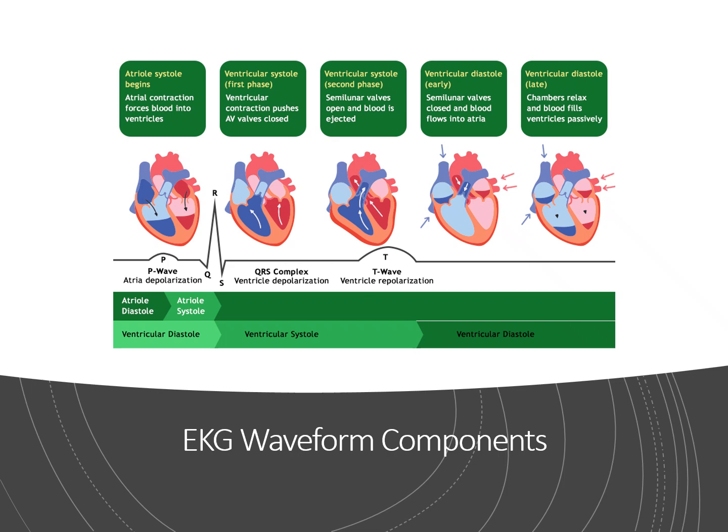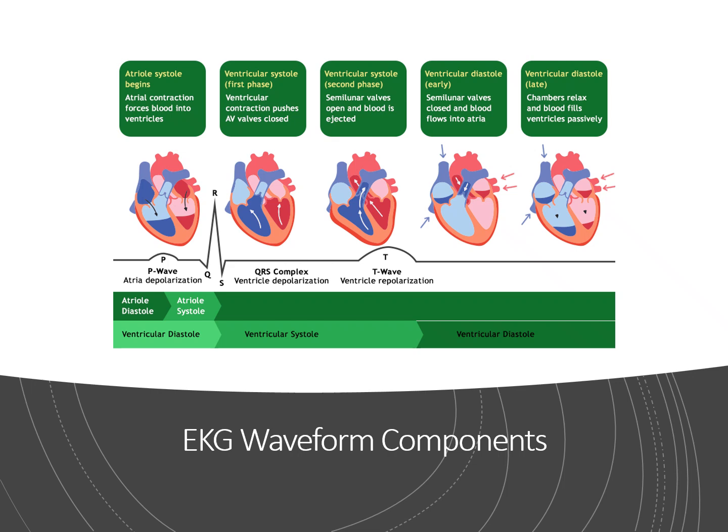Then we're going to move on to ventricular systole, which is technically our first phase. So the ventricles are going to contract and it pushes the AV valves closed. Then we're going to move into the second phase of ventricular systole, where the semilunar valves are going to open, and then blood is going to be ejected out into the body.